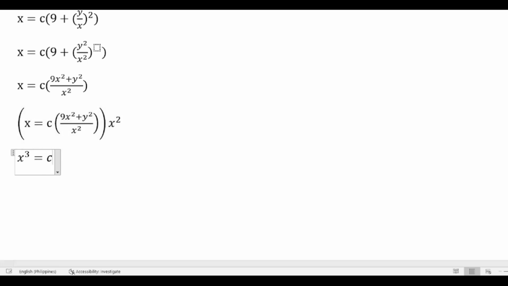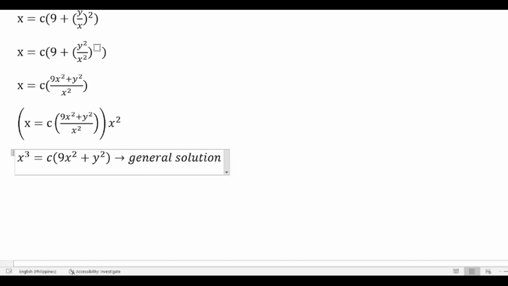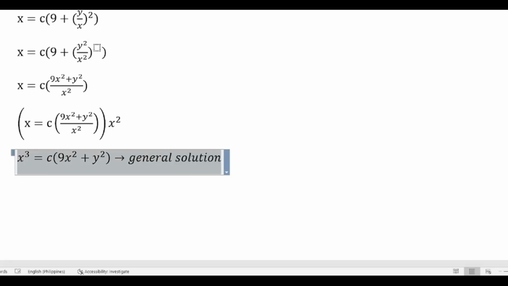So we'll be left with c times 9x squared. Oh, this should be 9, sorry. 9x squared plus y squared. And that's it. We already got its general solution. So this is our final answer.